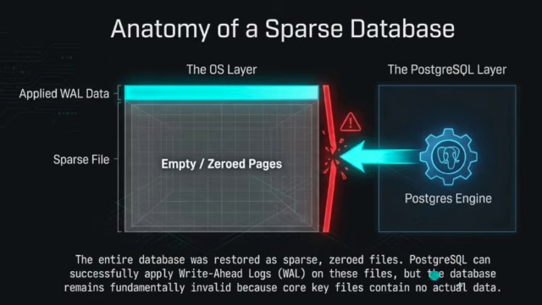The WAL files were successfully applied on these files, but the database remains fundamentally invalid, because the core files contain no actual data. So it's like you are restoring only that particular database, while the other databases are present at the cluster level but are empty or invalid.